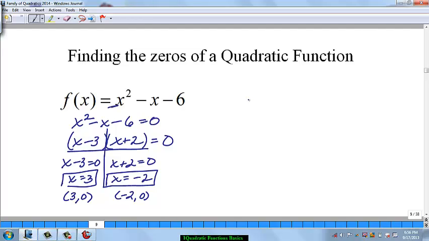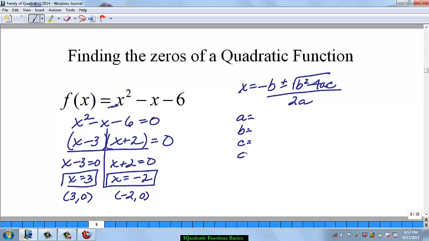Now if we want to use the quadratic formula, you're going to stack and rack: a equals, b equals, c equals, and d equals, which is your discriminant. So the a is 1, the b is negative 1, and the c is negative 6. This is b squared minus 4ac, so that's 1 minus 4 times a times c, which is 25.